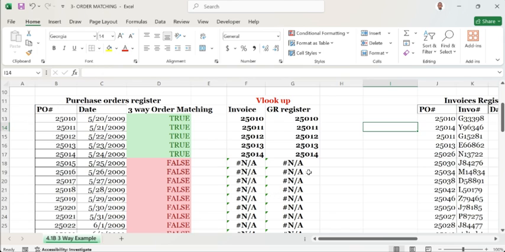I lock the whole of it, comma 1, comma exact match. Yeah, you see it is bringing. So you see it is the same. Ukiangalia hii na hii is the same.